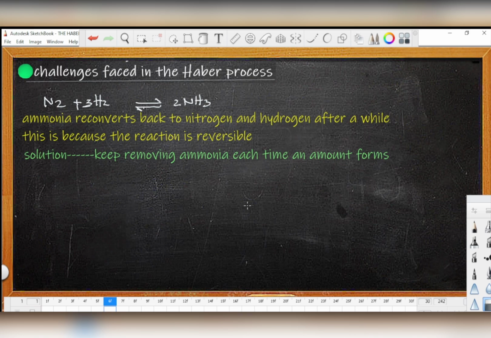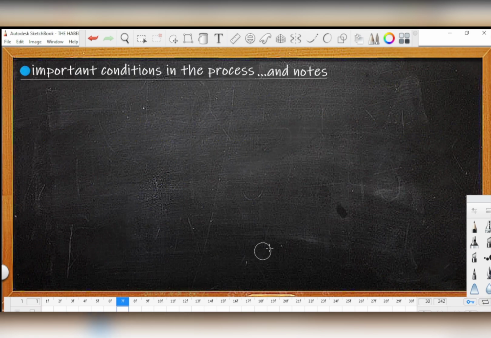So the problem is the fact that the reaction is reversible, meaning after a while, the ammonia formed will begin to reconvert or change back to the reactants, which is not good. And the solution, keep removing the ammonia each time it is formed. And then important conditions, like we saw in the process: first of all, the temperature is 450 degrees Celsius.